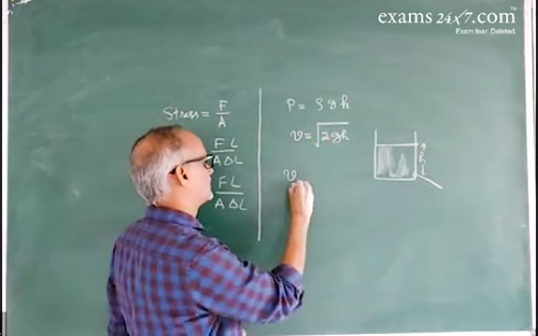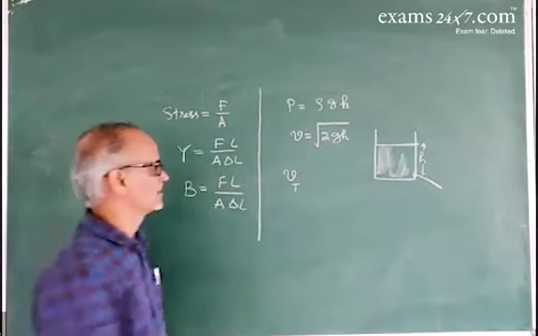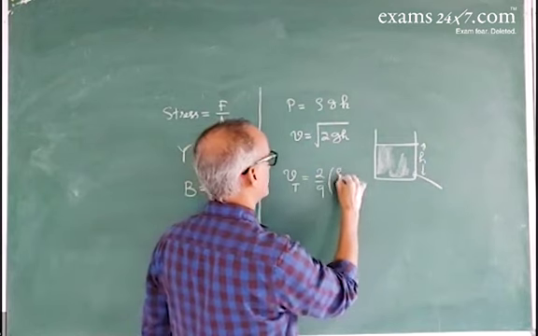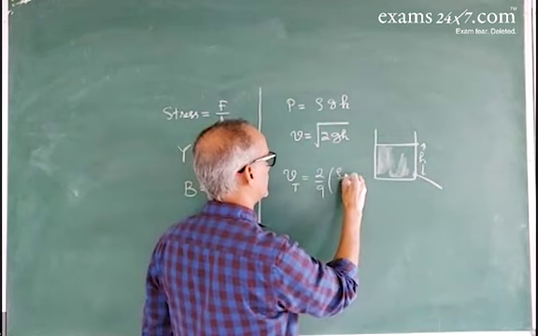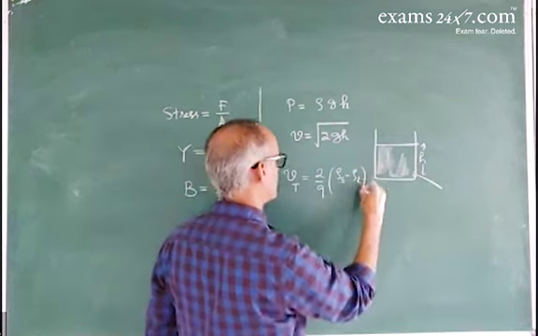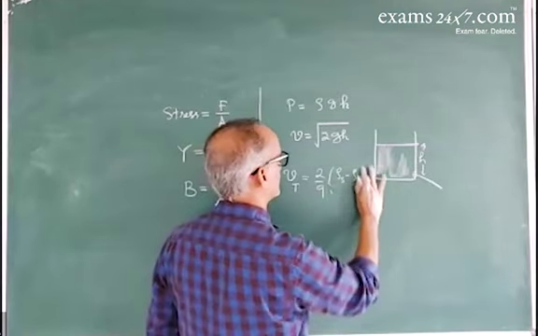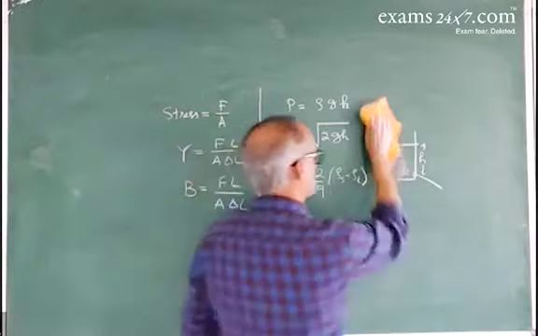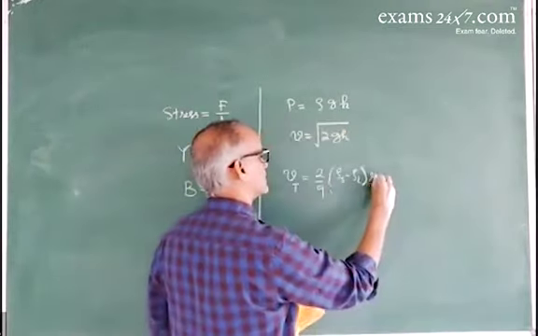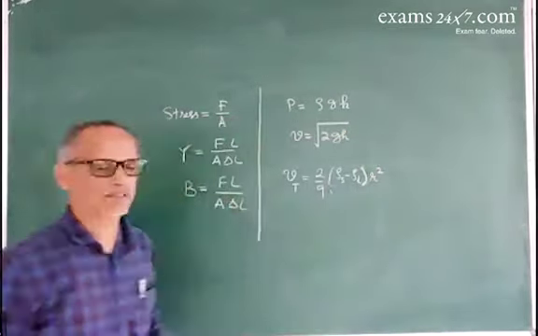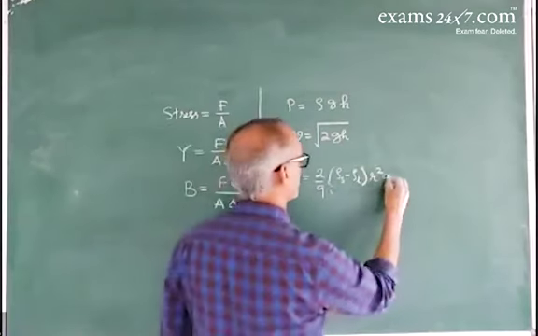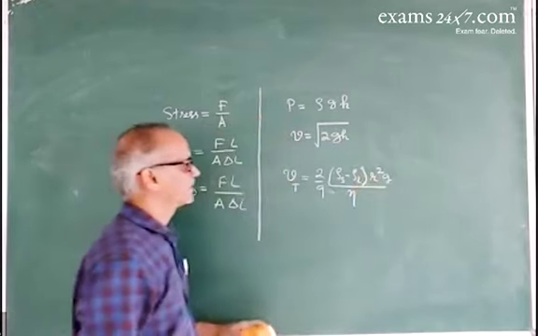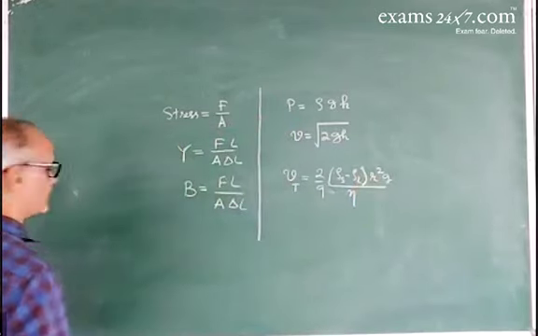Then we have the formula for the terminal velocity, which is Vt is equal to 2 by 9 into rho solid minus rho liquid into r square, that is the square of the radius of the spherical object, into g by eta, where eta is the coefficient of viscosity.